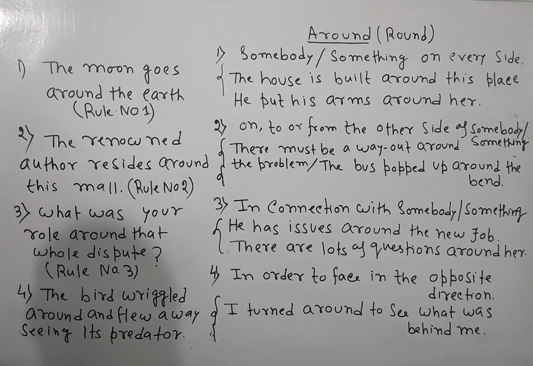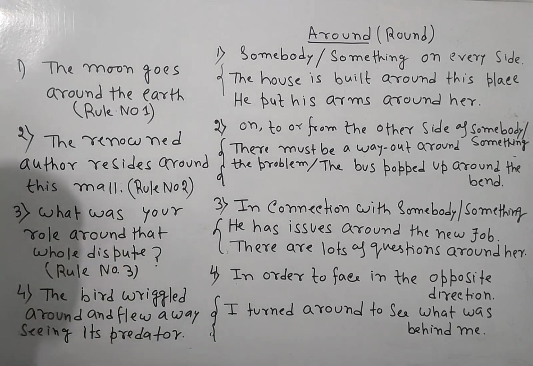Now just break the meaning of the preposition around. What was your role around, or in connection with the whole dispute, or what was your role related to that whole matter. So in case of mentioning in connection with or related to, we can easily choose around.